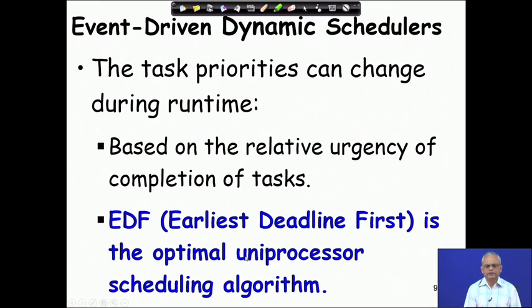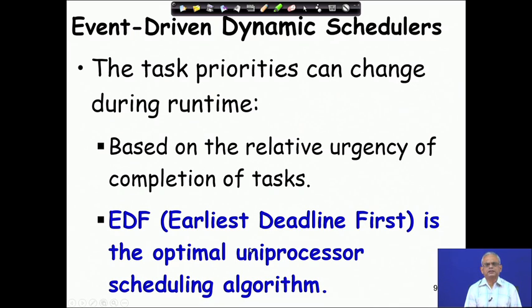The other category of event driven scheduler is the dynamic priority scheduler. Here the priority is not held constant, but depending on the situation, the priority of a task may be changed by the scheduler.